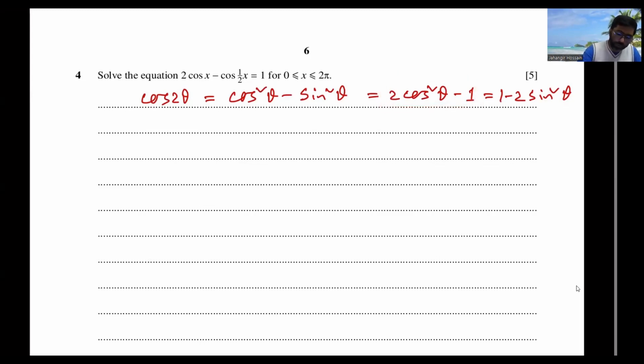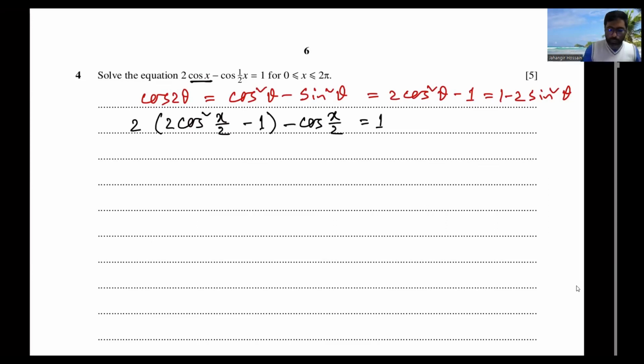How will we use it here? You see, here x is equivalent to 2 theta and x by 2 is theta. So for this cos x, it becomes 2 cos square x by 2 minus 1, minus cos x by 2 equal to 1.